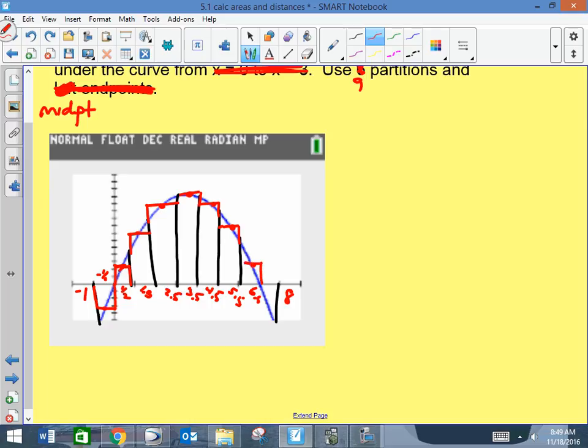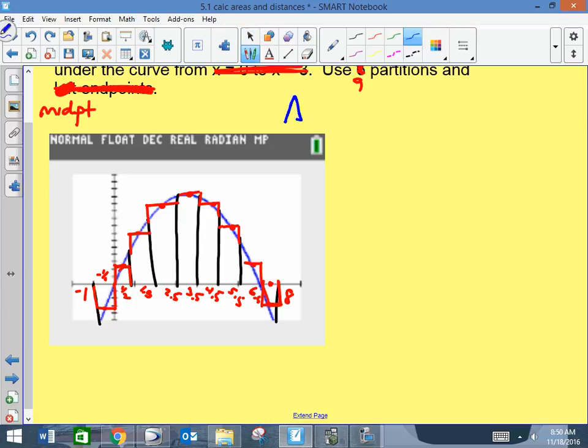A little overage there. And 7.5 right there. That one was a little weird, but I didn't make my rectangle all the way down. It's important for you to get the visual of that, and also important for you to grab the right numbers.